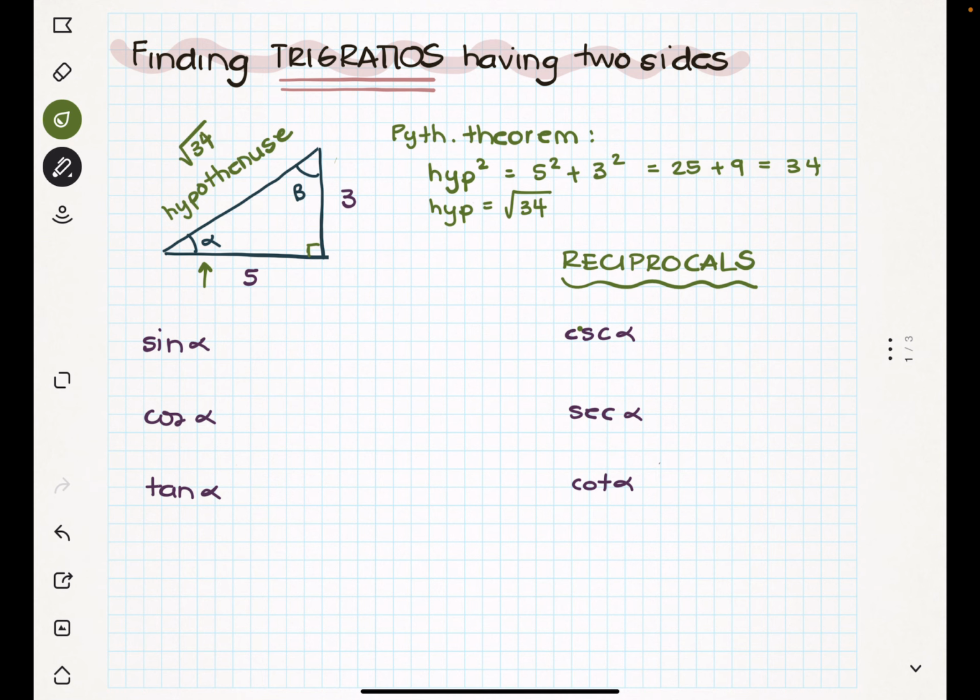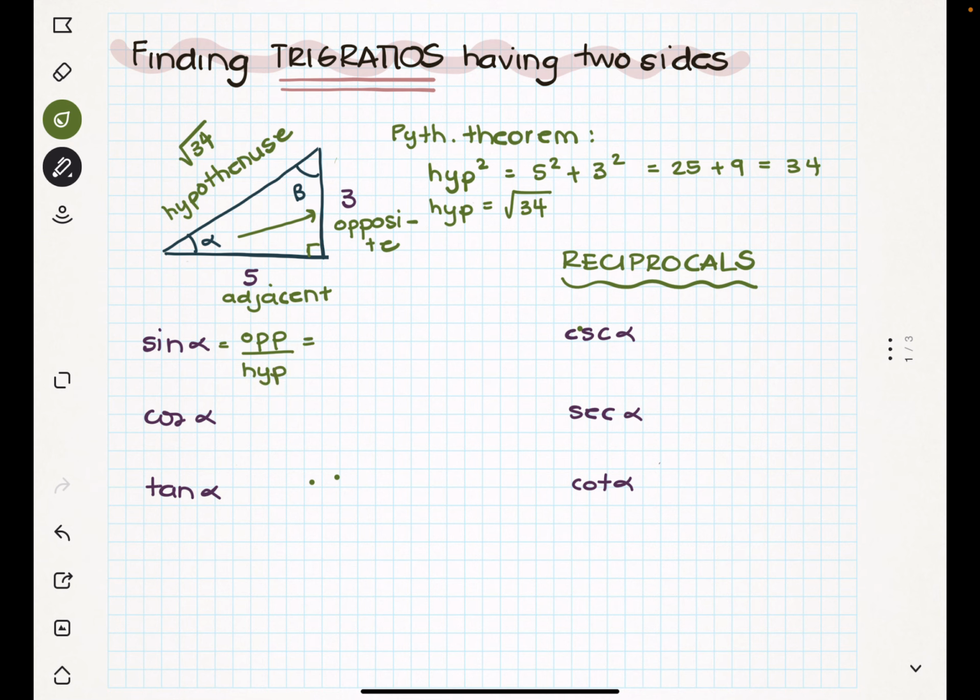Now, my sides, if I'm talking about this angle alpha right here, this side is going to be called the adjacent side because it is right beside it. This one is going to be called the opposite side because it is opposite of my angle. All right, so let's start with these trig ratios. Sine is defined as opposite over hypotenuse.